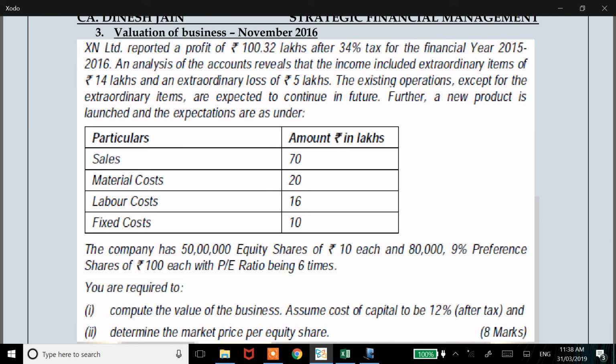That was an FCFF based approach of valuation. Let's move to question 3. Question 2 is similar. Go through question 3.